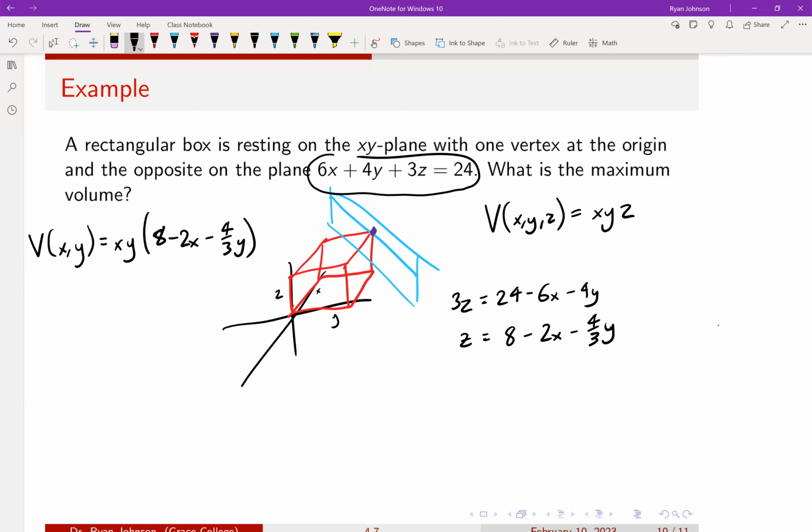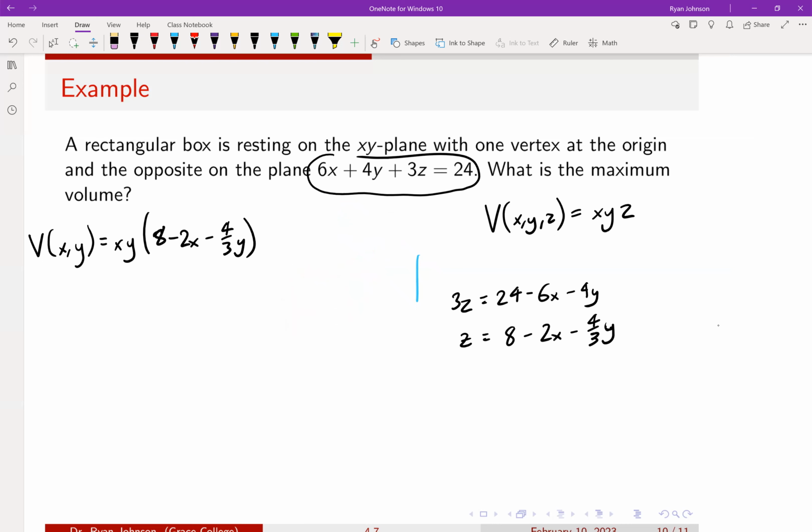Now I need to find where the relative maximum of this equation is. I need some room for calculation here. So this is equal to 8xy minus 2x squared y minus 4/3 xy squared.